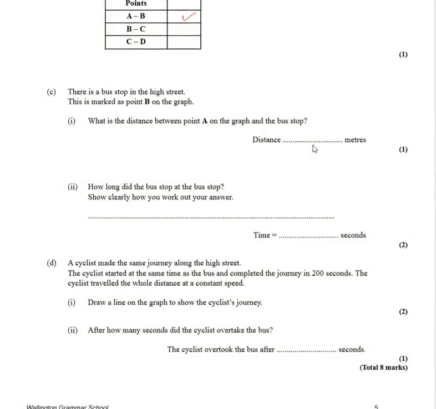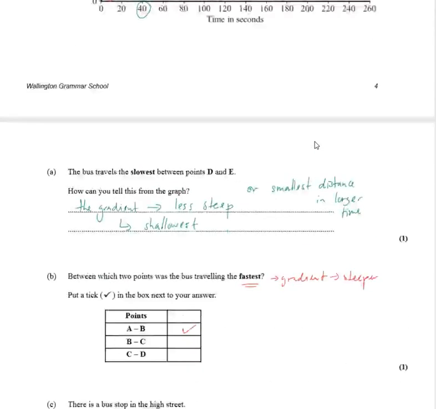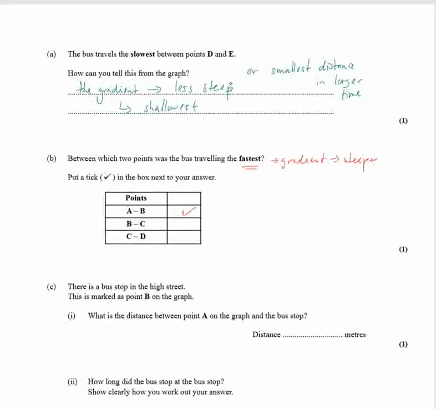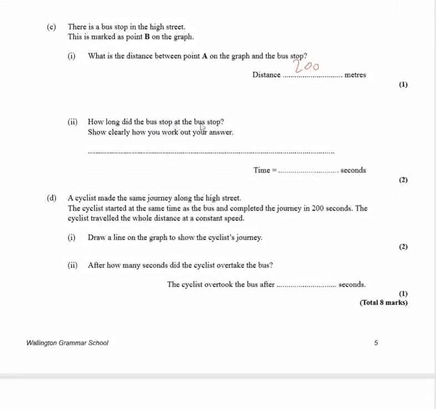Okay, let's keep going. Now this question here, most of you got this one right, except for one of the questions. What is the distance between A on the graph and the bus stopped? You already know this one, this is 200. Now how long did it stop for? You need to show your working out.